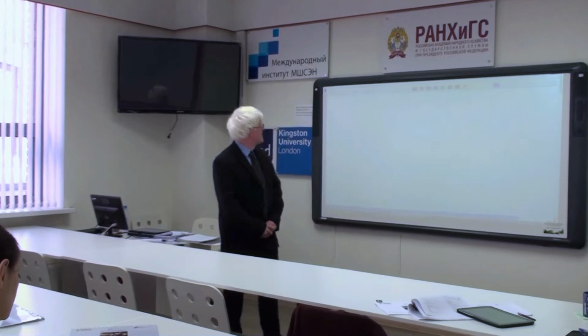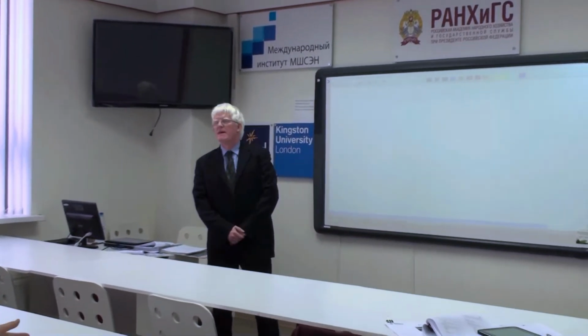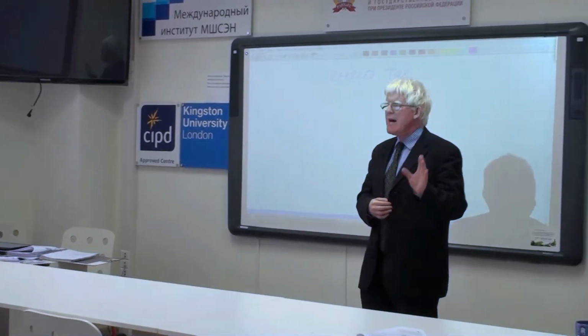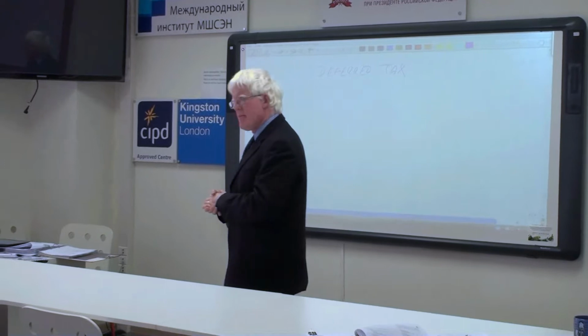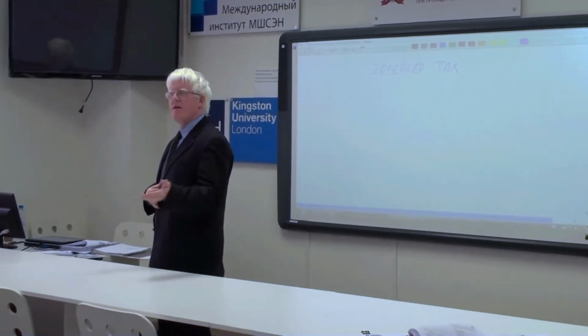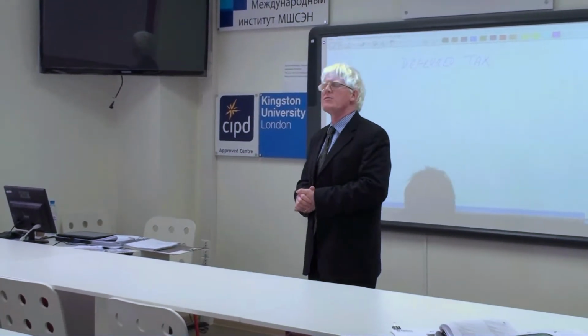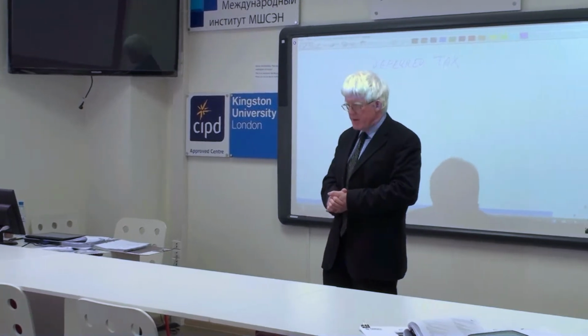This morning we're going to talk about deferred tax. Now, you're probably aware of corporate tax, where a company pays tax based on the tax rules. We have to calculate profits based on the tax rules, and then we pay over corporate tax, or what accounting refers to as current tax.